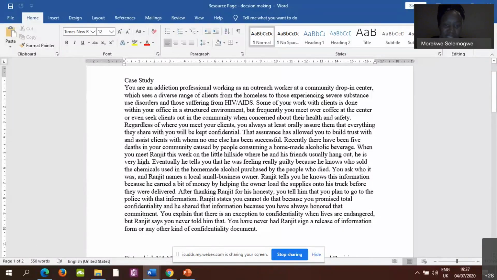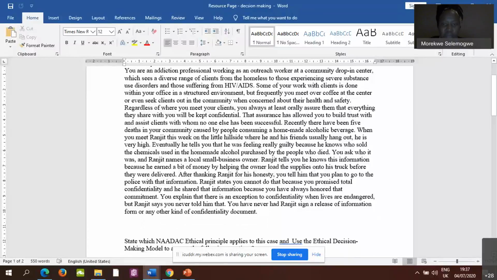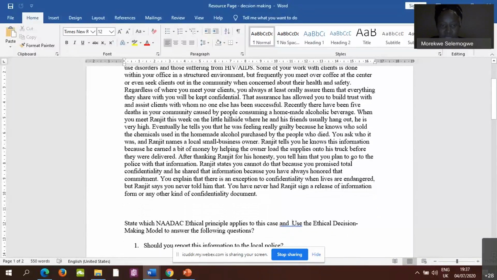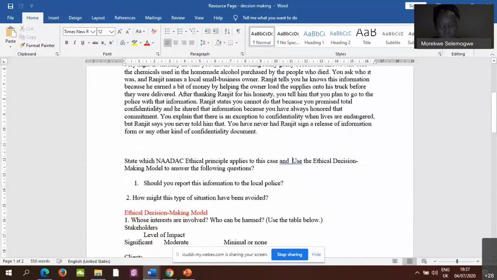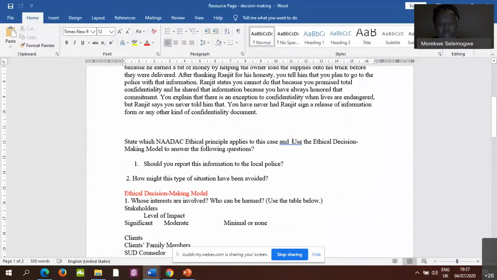You explain that there is an exception to confidentiality when lives are endangered, but Ranjit says you never told him that. You have never had Ranjit sign a release of information form or any other kind of confidentiality document. So this is our story about Ranjit and the counselor who was working as an outreach counselor within the community.